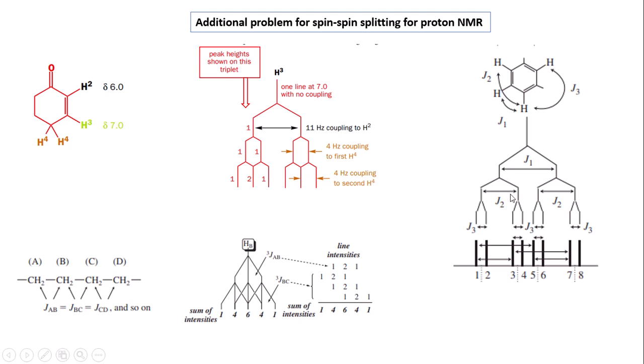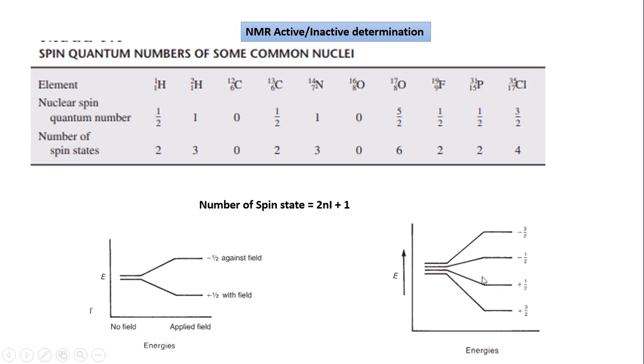So there is a doublet, another doublet. This is a doublet of doublets. Again, this is the meta coupling, so there is a doublet and another doublet. And we can also easily calculate the intensity of all these types of proton signals.